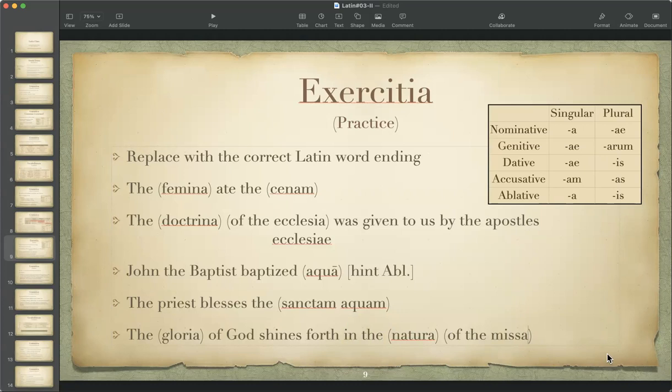Any takers? I'll do it. Sure, go ahead. I just want to know what ending missa needs. Nominative. No, it's of the Mass. Genitive. Genitive, yes. Yep, of the Mass.